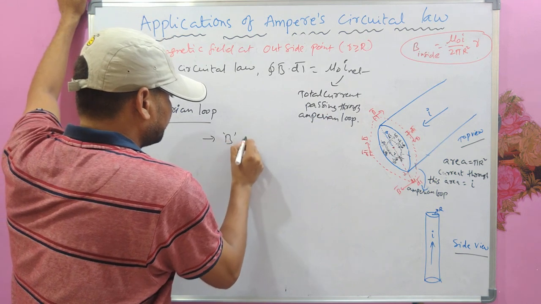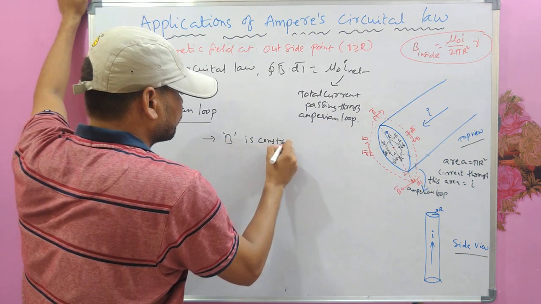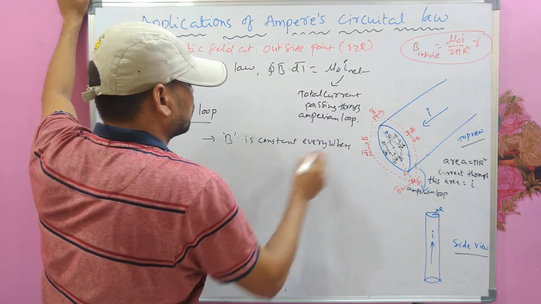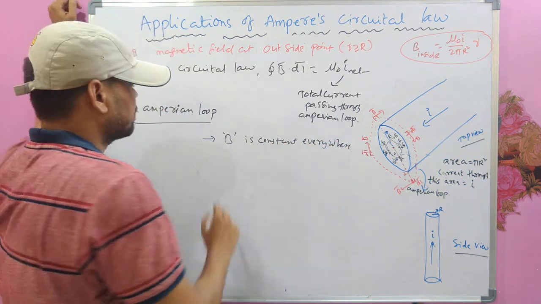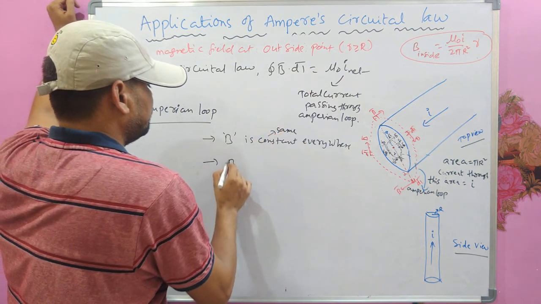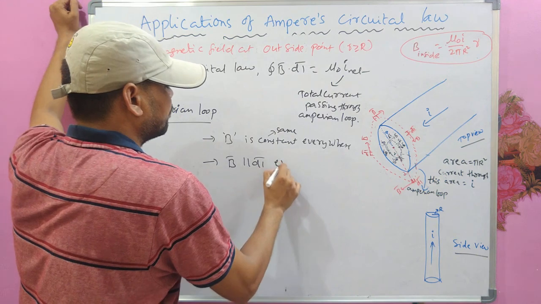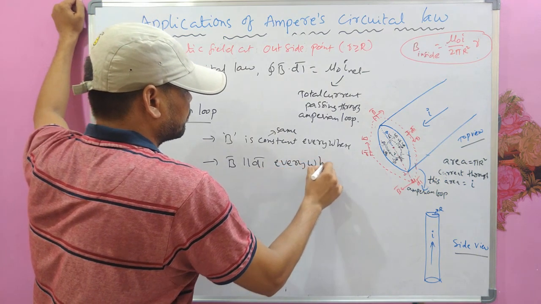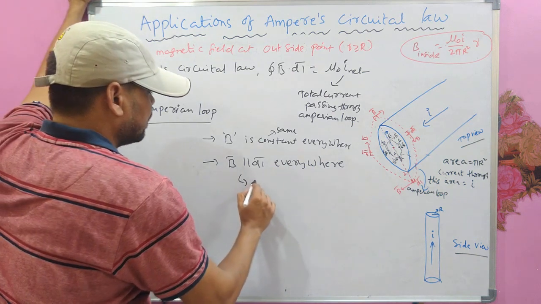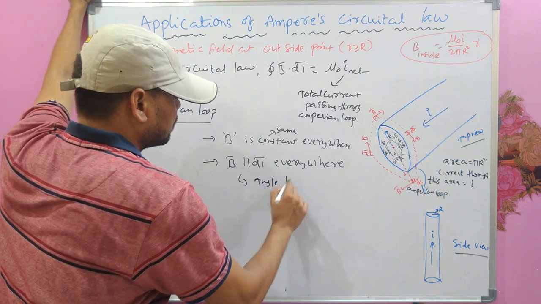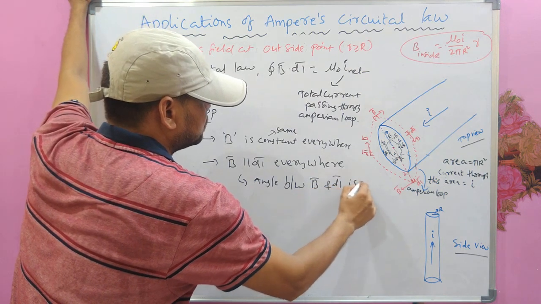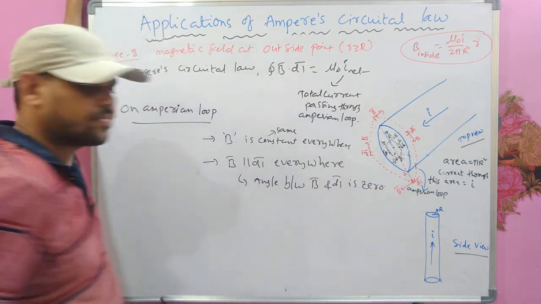B is constant, the same everywhere, and B is parallel to dl everywhere, which means the angle between B and dl is 0.